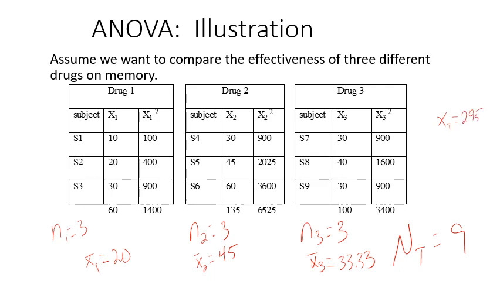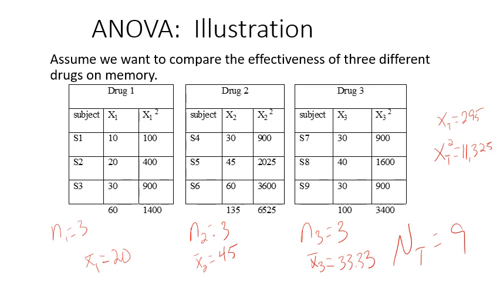And our X total squared is going to have to be 1400 plus 6525 plus 3400, and that equals 11,325. So now, I'm correcting myself for the third time, now we have everything we need to conduct the ANOVA.